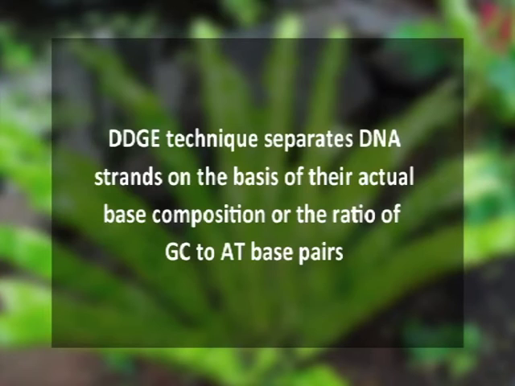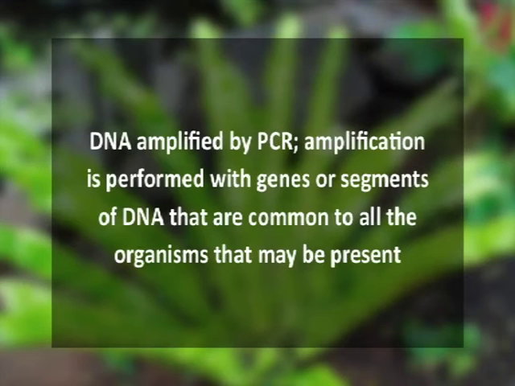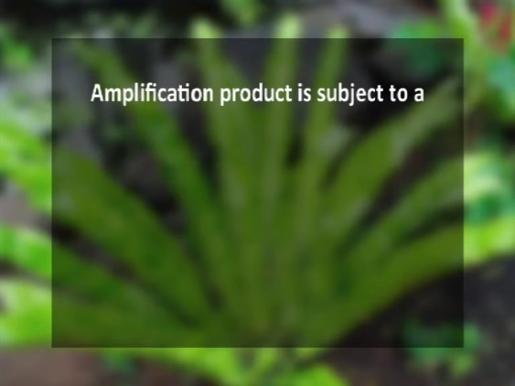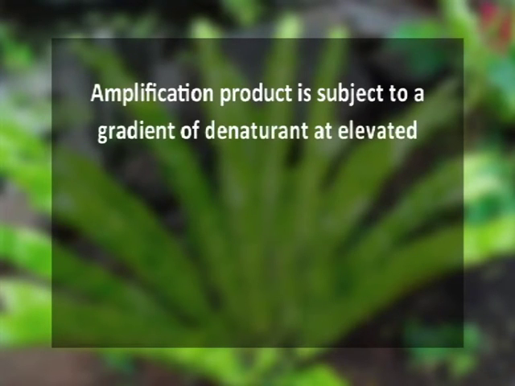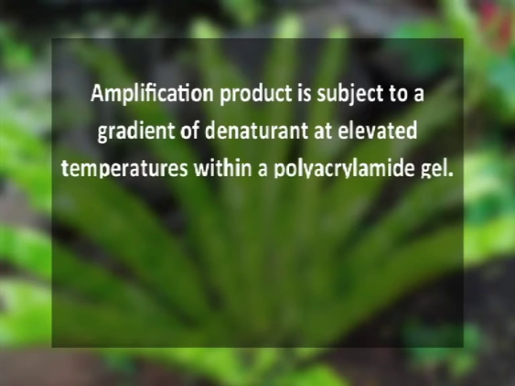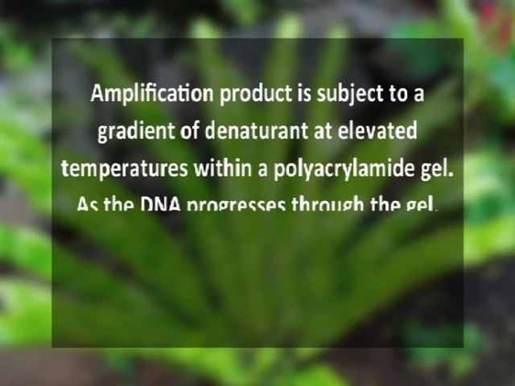This technique separates DNA strands on the basis of their actual base composition or the ratio of GC to AT base pairs. Typically, DNA is amplified by PCR. Amplification is performed with genes or segments of DNA that are common to all the organisms that may be present. The amplification product is subject to a gradient of denaturant at elevated temperatures within a polyacrylamide gel.